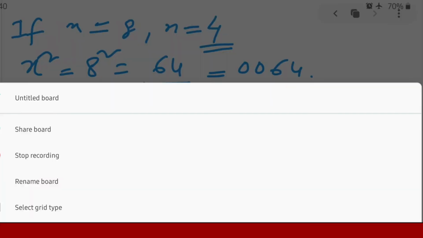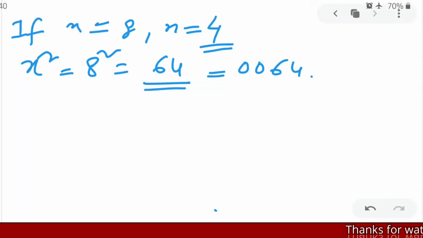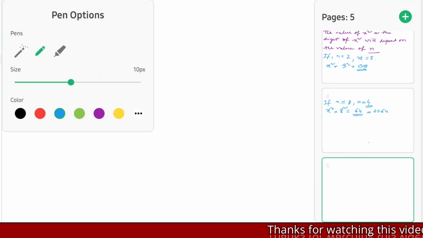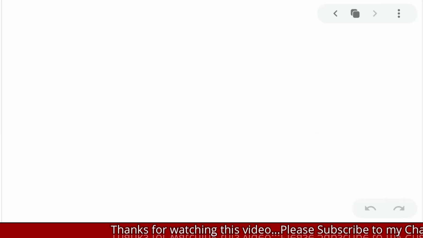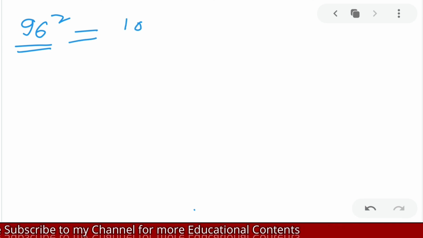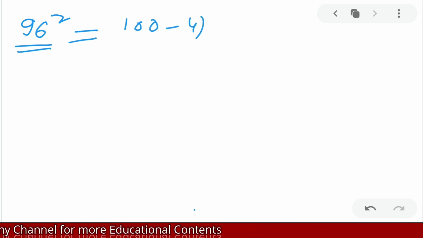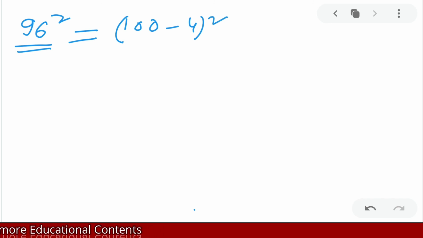We'll take some examples. Say 96 square. We need to find the value of 96 square. How could I write 96? It will be 100 minus 4, square.